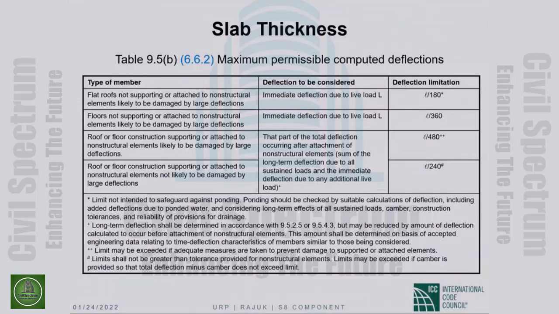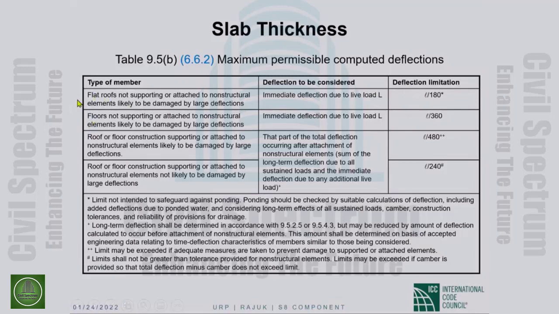This table also we have seen. We have two sets of limits. One applies to immediate deflection upon application of dead load, upon application of live load. So as soon as you apply live load on your slab, there is immediate deflection. Those are limited to either L over 180 or L over 360, depending upon this and that.